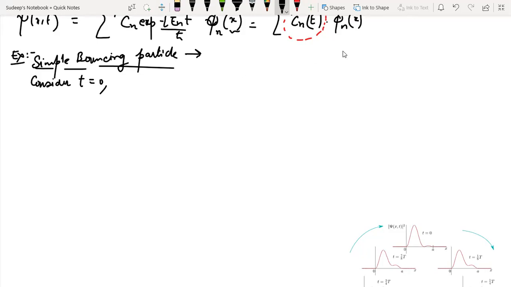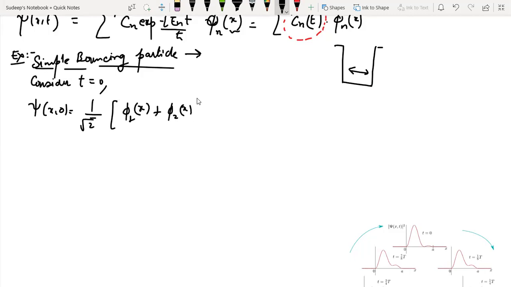So basically I'm taking an infinite deep square well only. Particle goes from here to here, so it is trapped inside this potential. The wave function at initial time t equal to 0 is given by 1 over root 2 times phi 1 of x plus phi 2 of x.